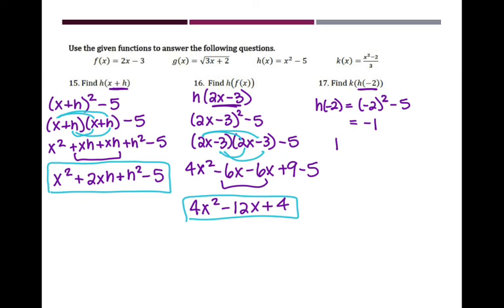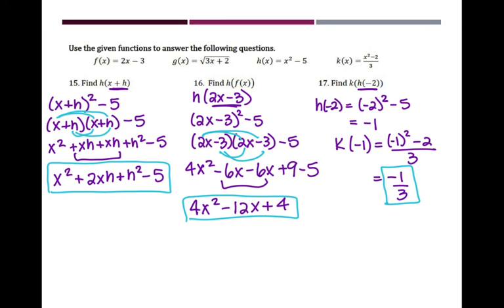And now that becomes my input for my next function. So now I'm going to take k of negative 1. So I have negative 1 squared minus 2 over 3. Let's see, negative 1 squared is 1, minus 2 is negative 1 over 3. So negative 1/3 is your final answer for that one.